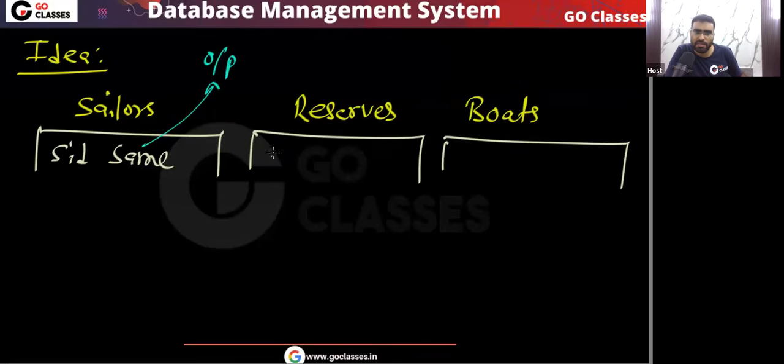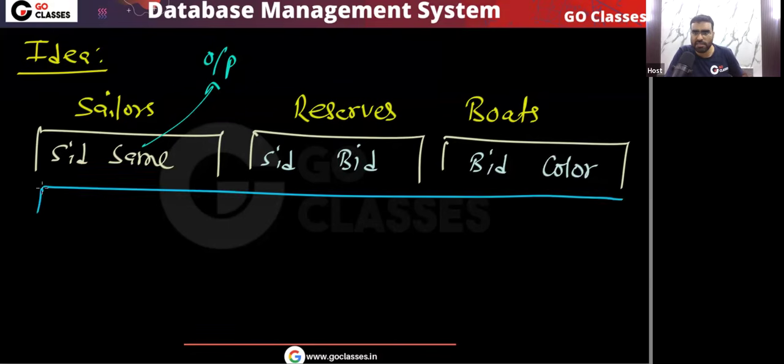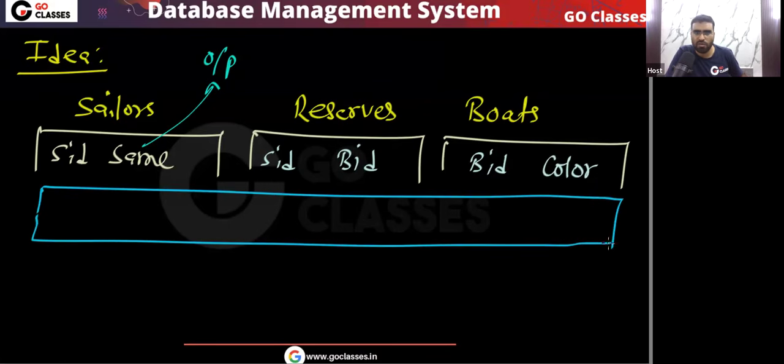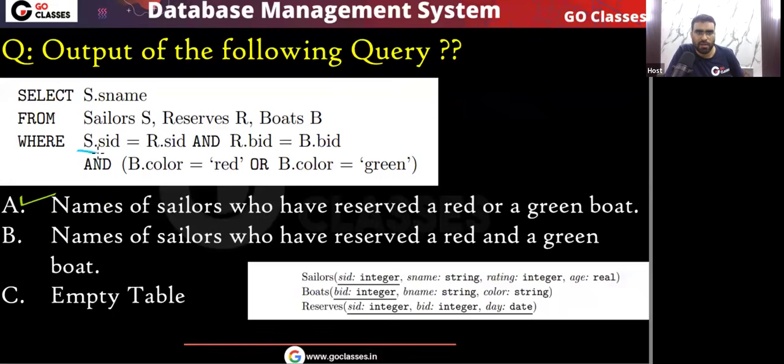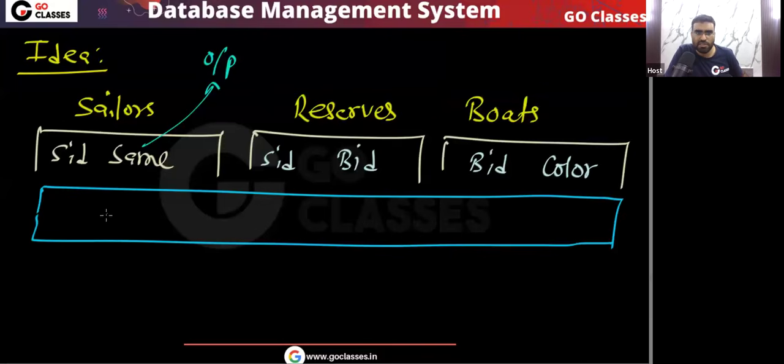Next, in reserves, you have SID, you have BID. And in boats, you have BID and you have color. And what the question is saying is that this type of tuple we are looking for, where seller SID equal to reserves SID means this SID. For example, if you have 102 here, you have 102 here. So they must be the same.